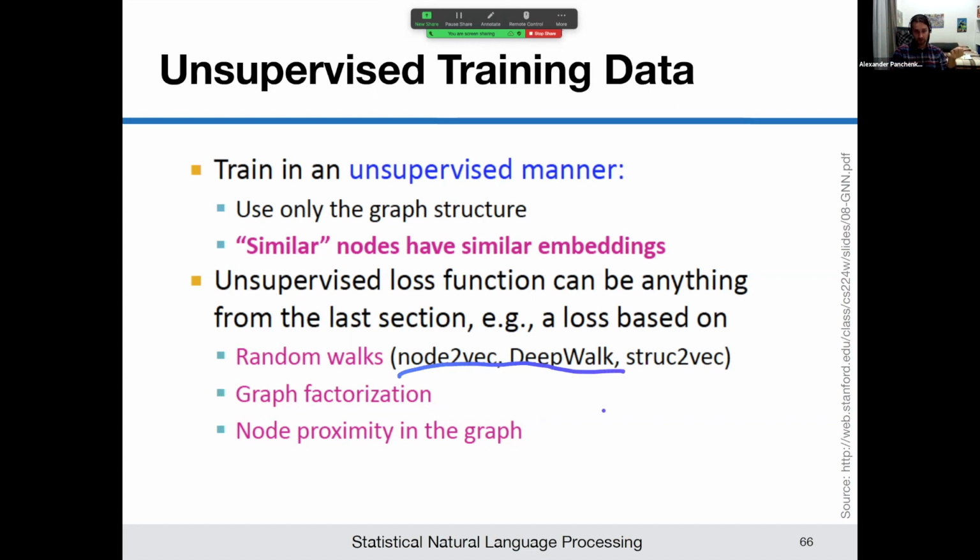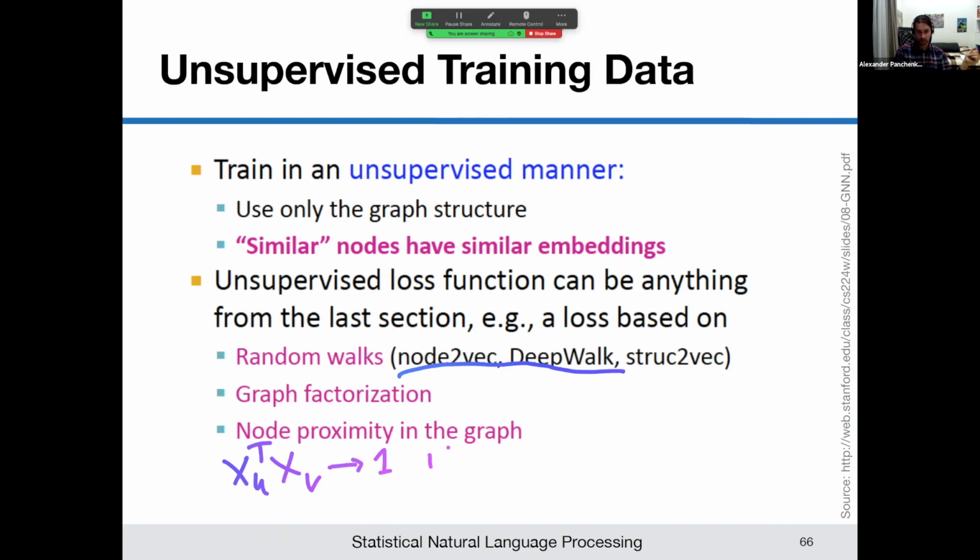You generate embeddings for which dot products of node pairs co-occurring in a random walk have high value.